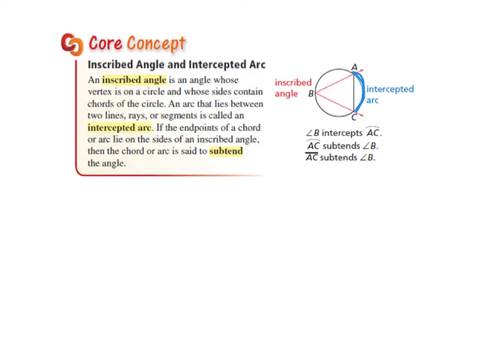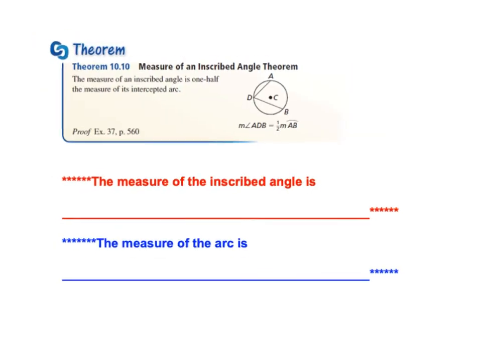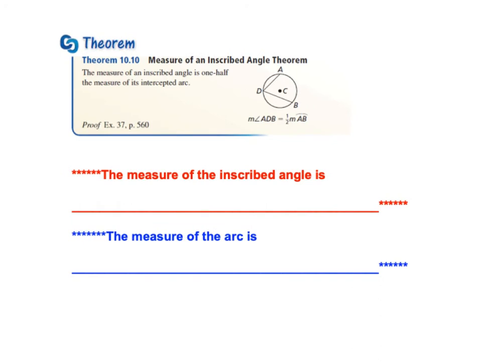And what you find about an inscribed angle and its intercepted arc is that the measure of the angle is half the measure of the arc. So think about it two ways.